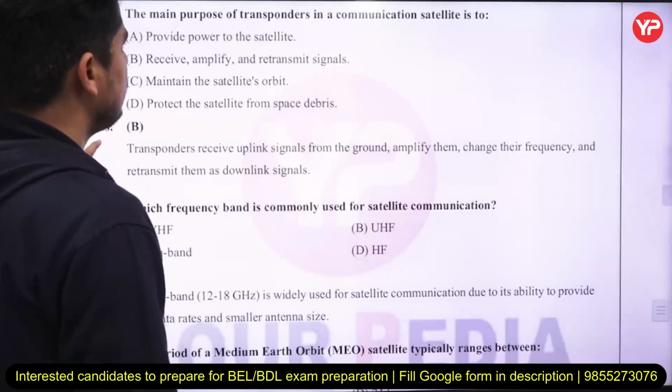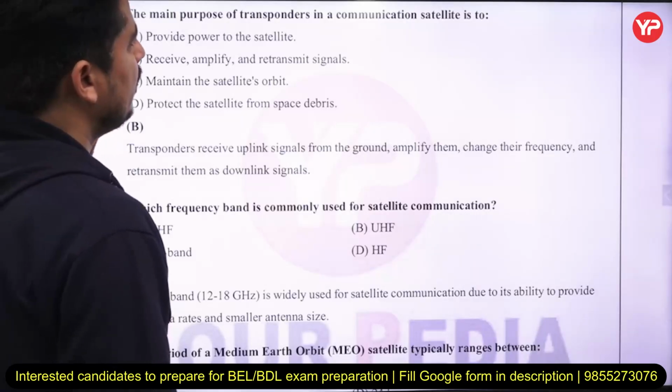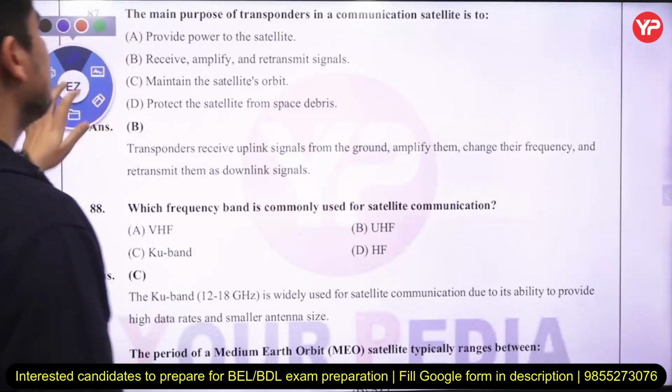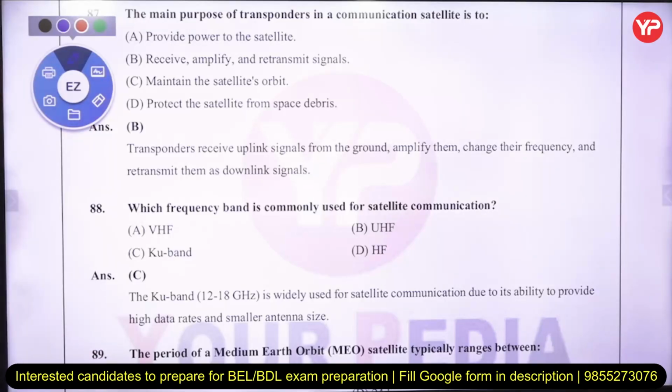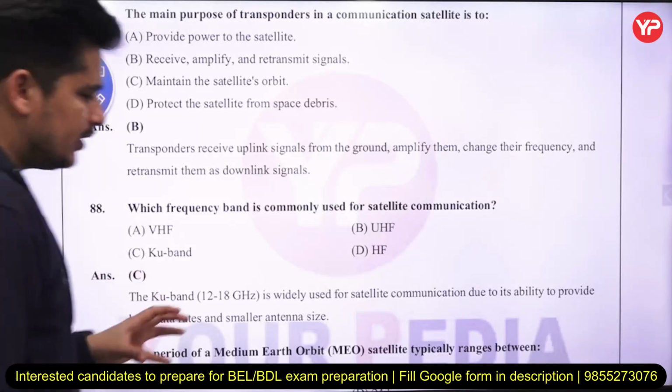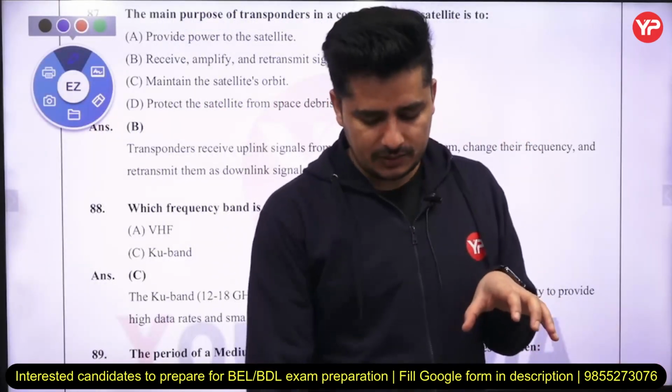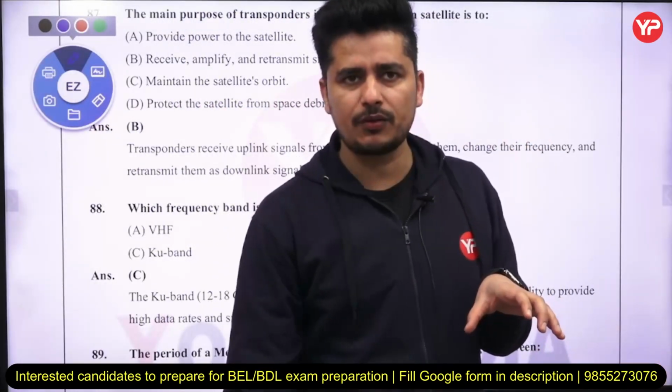Okay, the main purpose of a transponder in satellite communication: see, whenever we are talking about the transponder, it is a receiver amplifier. The transponder is placed on the satellite. Let us take, we are sending a signal from the ground station.